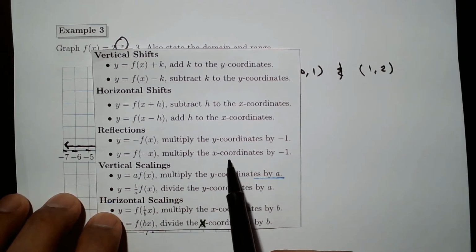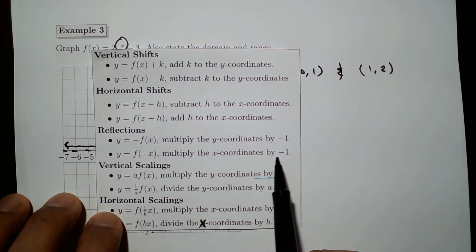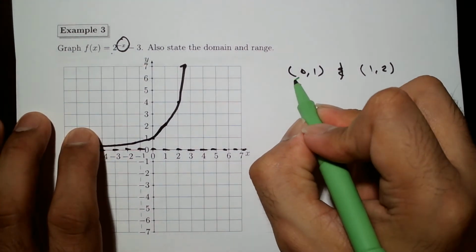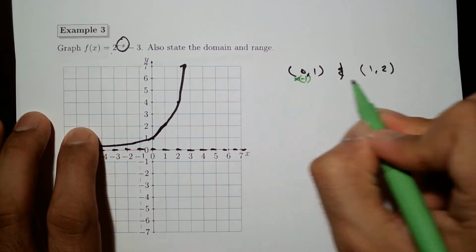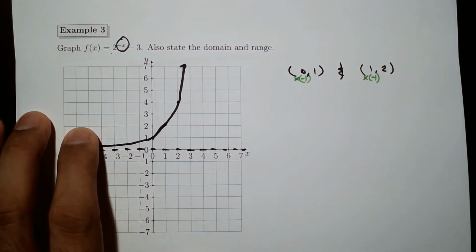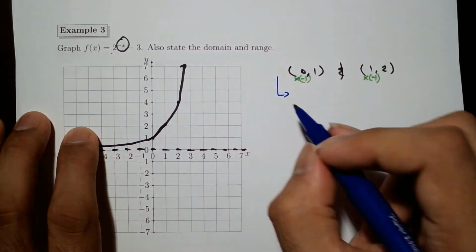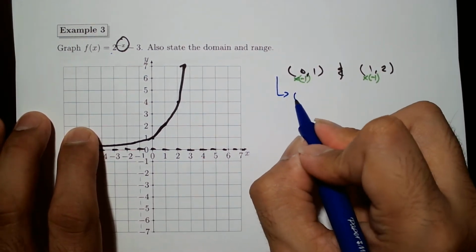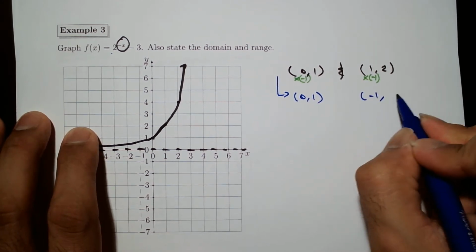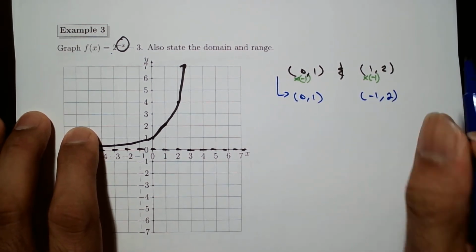We multiply the x coordinates by -1. So I'm going to multiply 0 times -1 and 1 times -1, and I'm going to get new points. 0 times -1 is still 0, and 1 times -1 is -1. And keep the y values the same.